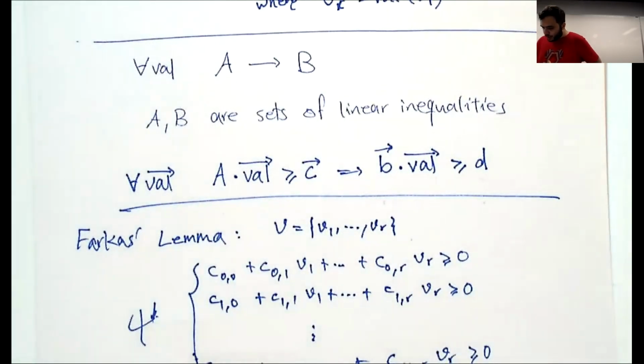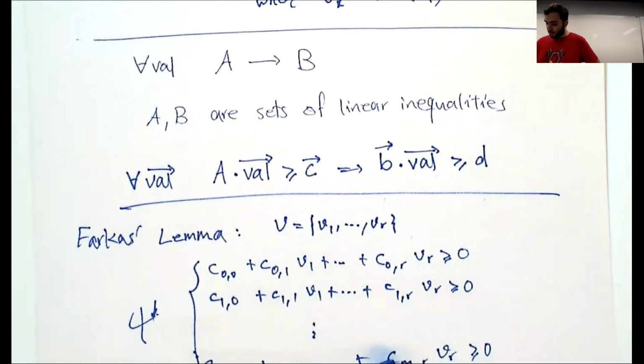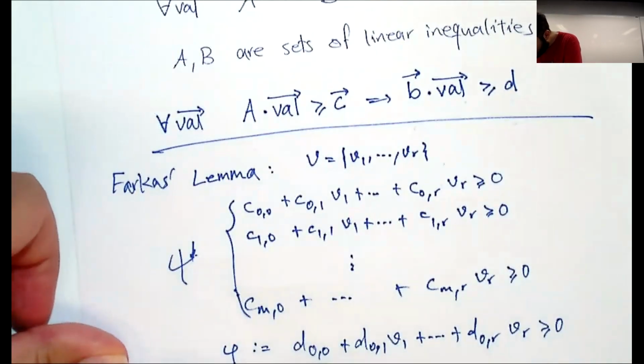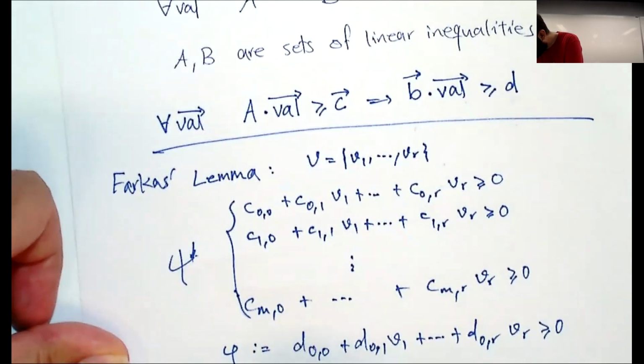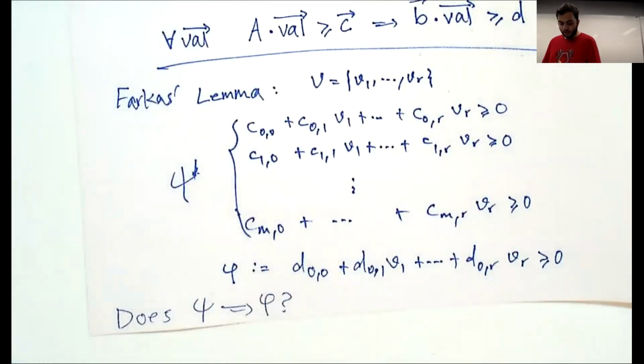And my question is, is phi entailed by this system? So my question is, does my system psi entail my new formula phi? And this is what I want to solve using this Farkas lemma.